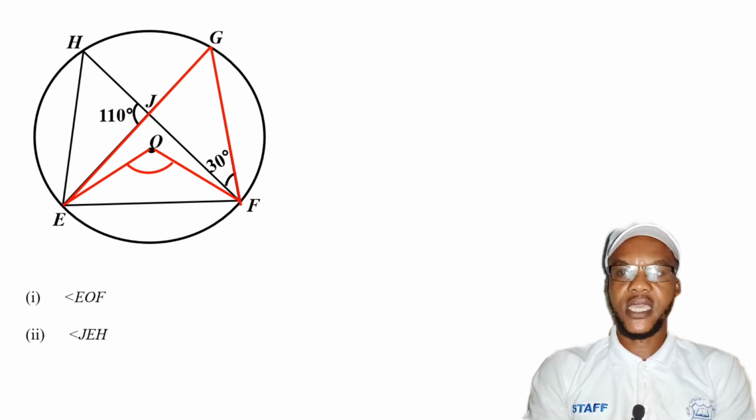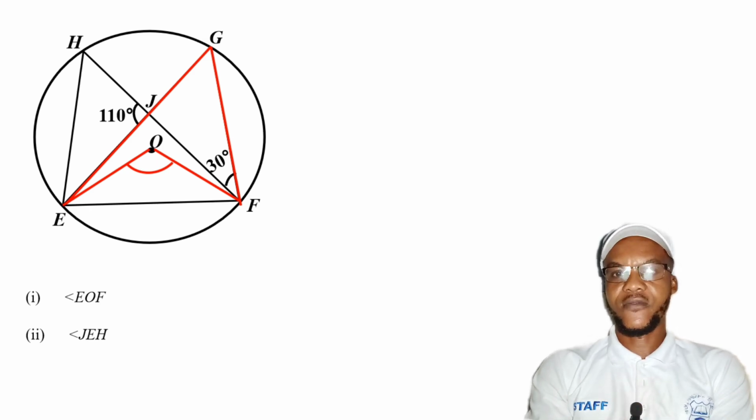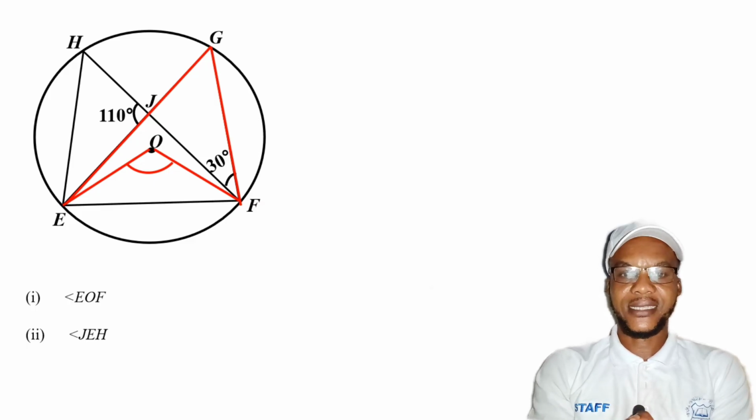The chord here is EF. So the angle subtended at G, at the circumference of the circle, is half the one at the center O. That is what that property says.